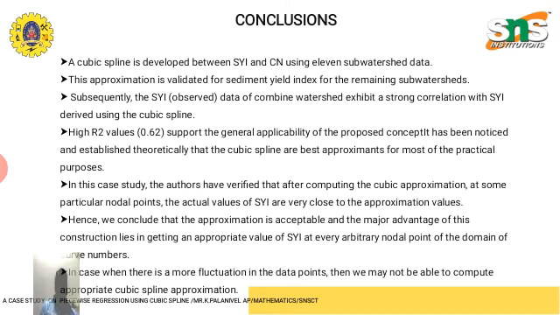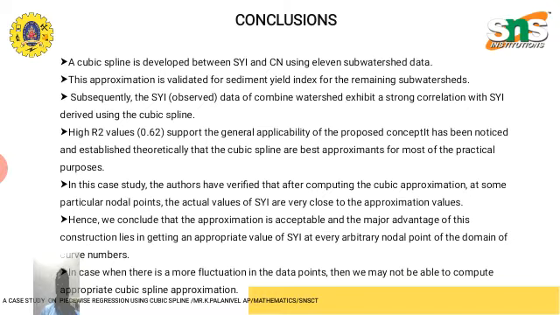Next, going to the conclusion. A cubic spline is developed between SYI and CN using 11 subwatershed data. This approximation is validated for sediment yield index for the remaining subwatersheds.